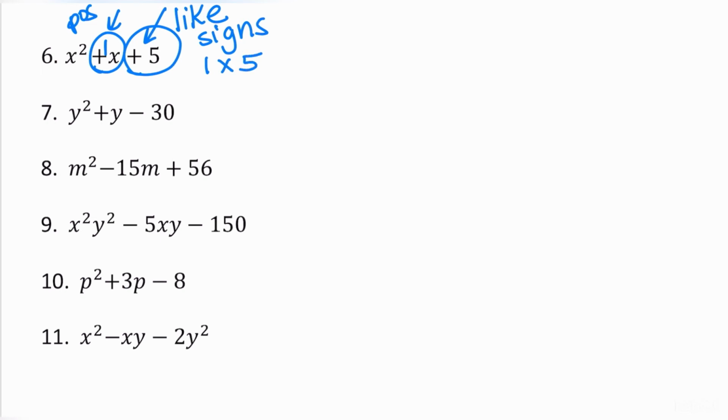That's all the possibilities that multiply to give me 5. 5 is a prime number. If I add 1 and 5, I get 6. I don't get 1. So I'm basically stuck. There's really nothing else I can come up with. In this case, this cannot be factored. Therefore, we say that this problem is prime.